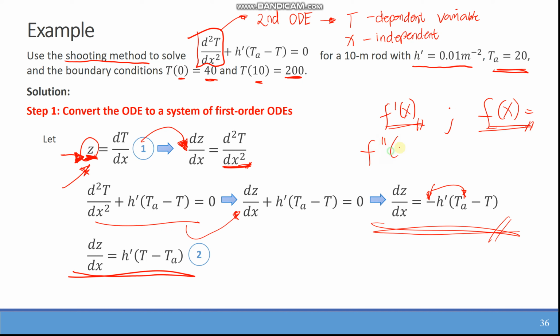If the problem has a second derivative, we must have an initial condition for f prime and also for f of x. So for this specific example, we have an initial condition for this one, but we don't have an initial condition for this one. So it means that we are going to assume the initial condition for that one, which is z.